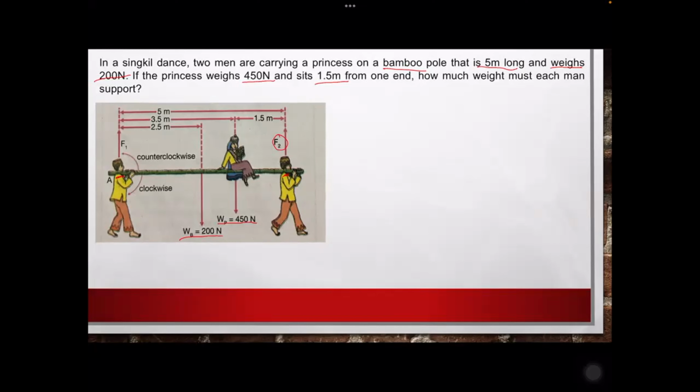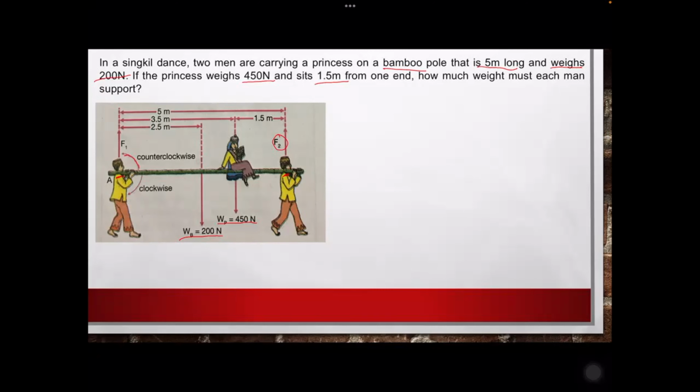Now, let's make it reference that yung ating axis of rotation ay nasa F1. Kaya meron pa dito counterclockwise.